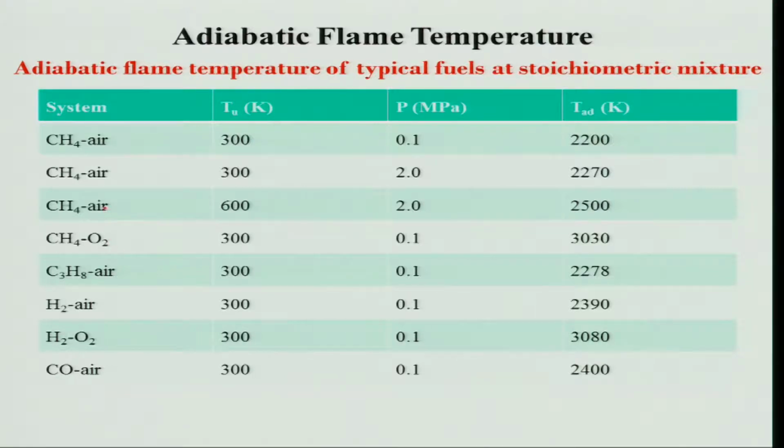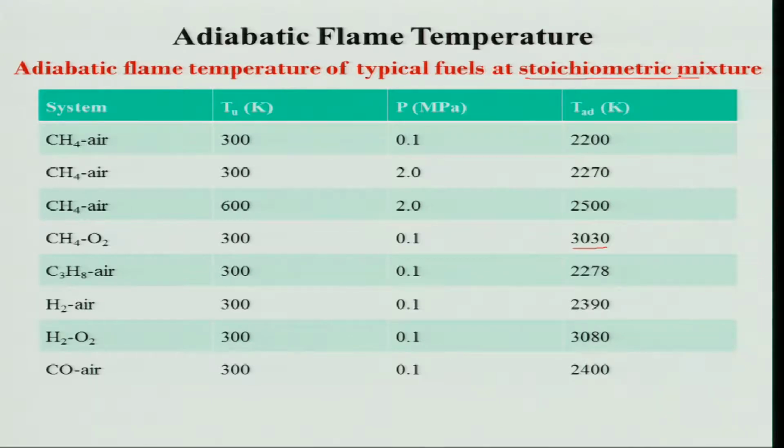If instead of air I use oxygen, I get something like 3030 Kelvin as compared to 2200, a difference of around 830. For propane, you get 2278 Kelvin. For most hydrocarbons with stoichiometric mixtures, the temperature hovers around 2200 Kelvin.